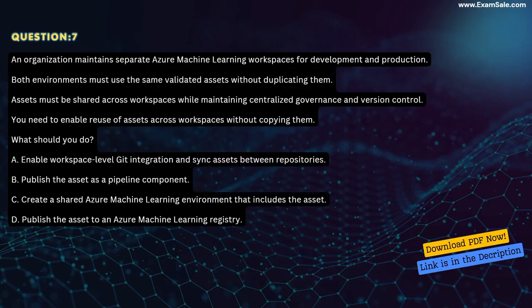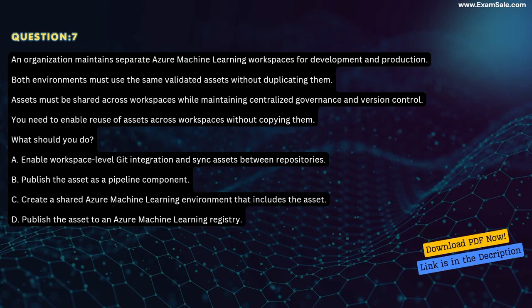Question 7. An organization maintains separate Azure Machine Learning workspaces for development and production. Both environments must use the same validated assets without duplicating them. Assets must be shared across workspaces while maintaining centralized governance and version control. You need to enable reuse of assets across workspaces without copying them.